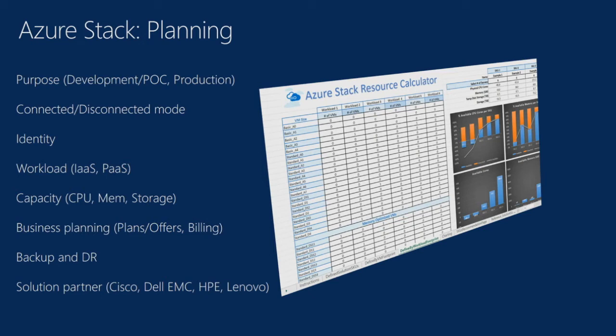So it's important. You need to decide whether your application requirements allow you to connect to the internet and to Azure or don't allow you to connect to Azure. Because then you, as Azure Stack operators and architects, are going to have to make a decision about what business model you're going to use in the context of Azure Stack.